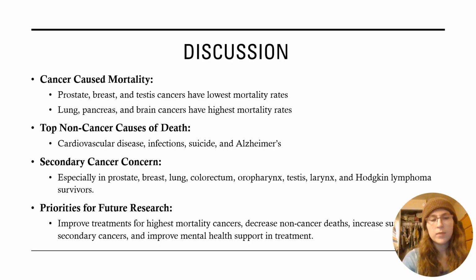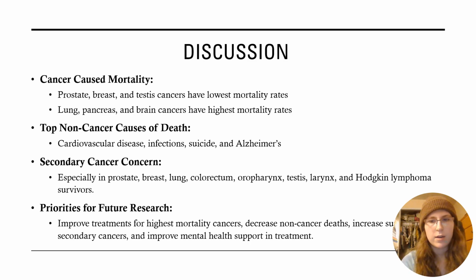So just based on all of this, priorities for future research would be improving treatments for the cancers that have the highest index mortality rates. It's the brain, lung, and pancreas cancers, just generally developing for that, but also a decrease in the non-cancer deaths and looking at the effects of treatment and how we can lessen those effects on the body.